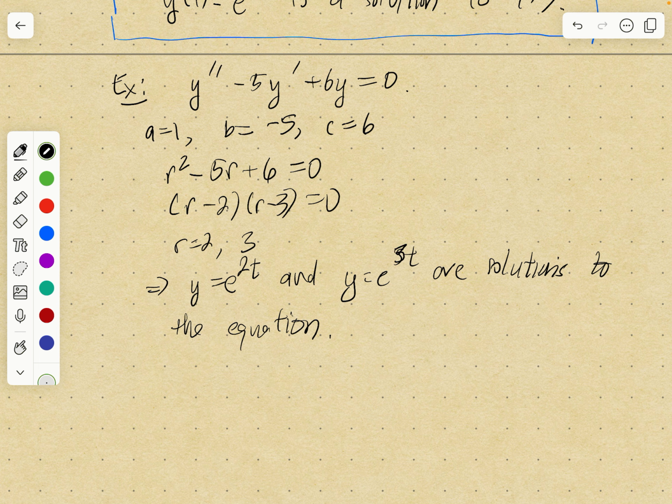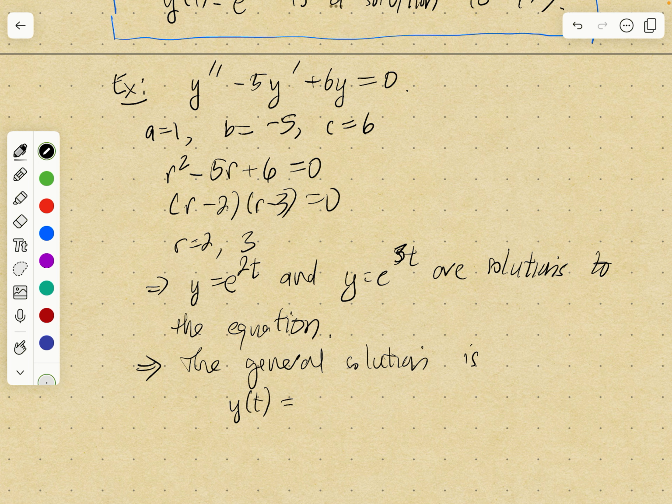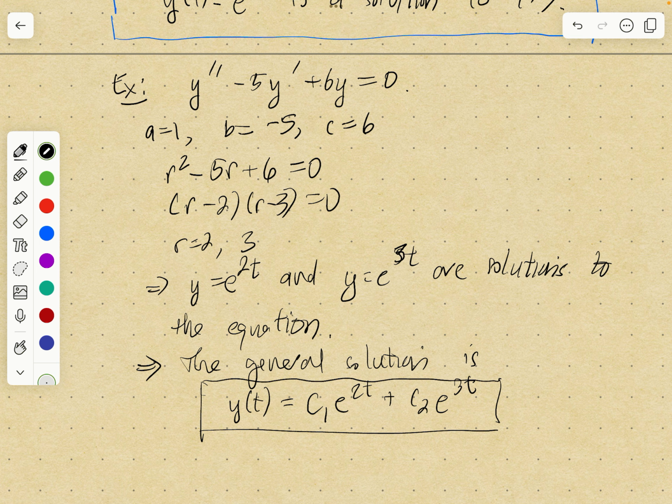And so therefore, by the theorem, the general solution is y of t is c1 e to the 2t plus c2 e to the 3t. And this will always happen when you have two distinct real roots.